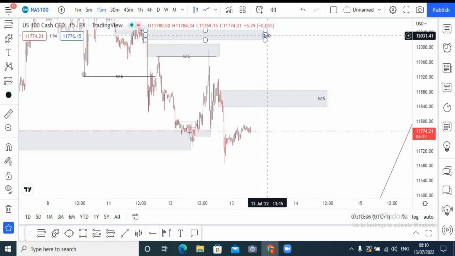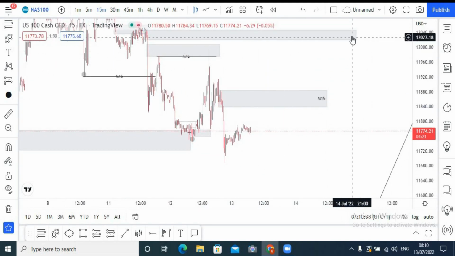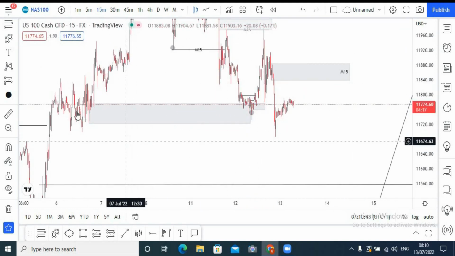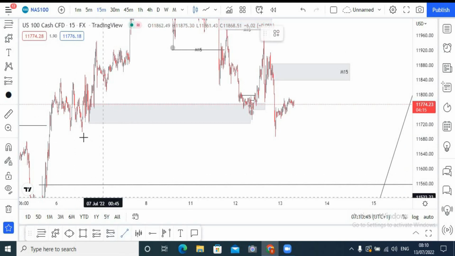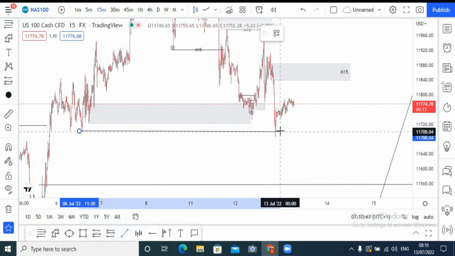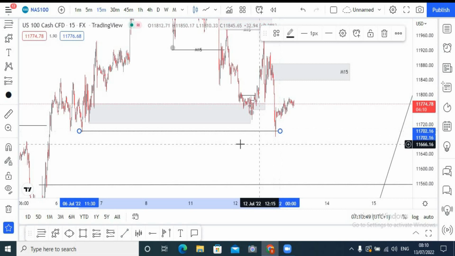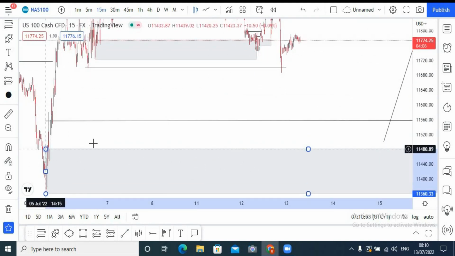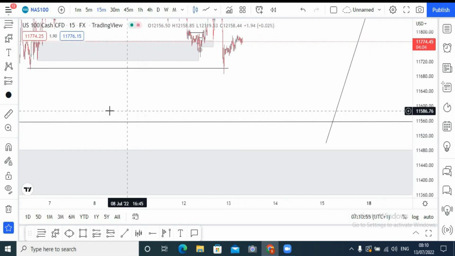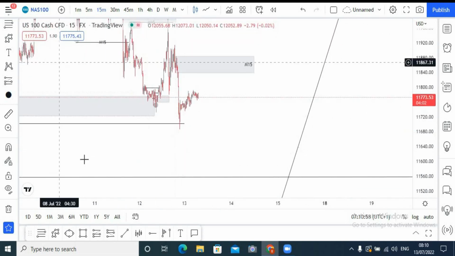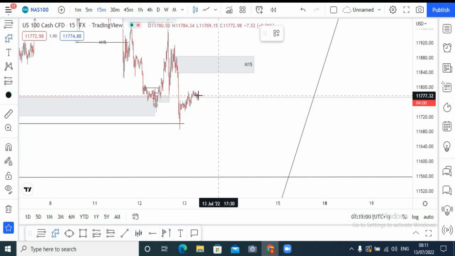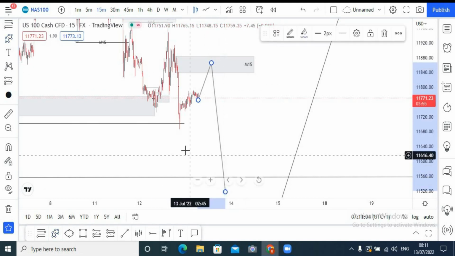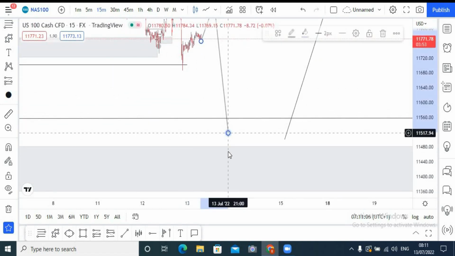So this zone will be mitigated when price comes back to that zone in future. So for now, as we took out this low, we now focus on this zone here, the last OB, right? We'll now focus on that zone. So whatever price will give us, the price will go in and then goes down, something like this.